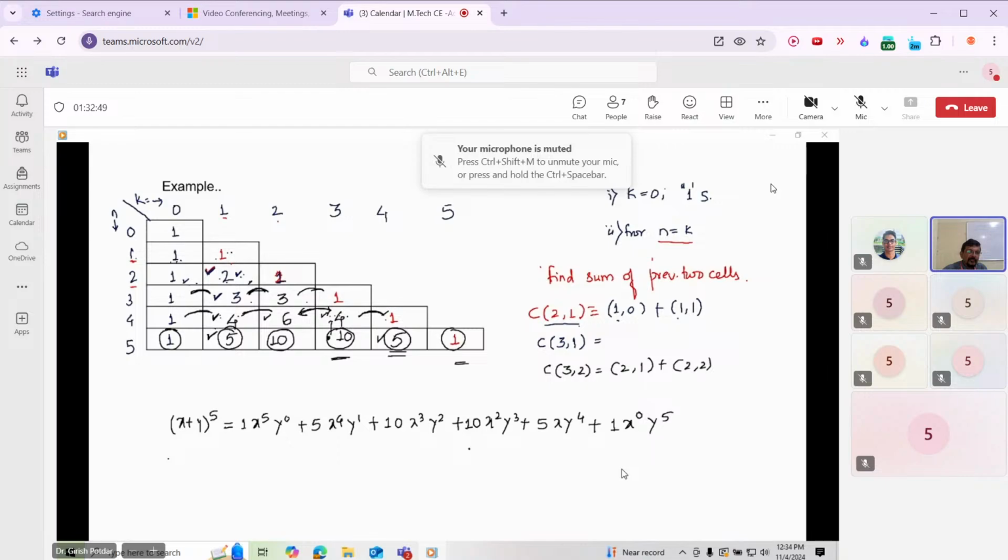Okay, so in higher power terms you can use this dynamic approach, isn't it? It is simple. What is it that we did? For k equal to 0, the entire column value is 1. Diagonal elements are also 1 because n is equal to k.